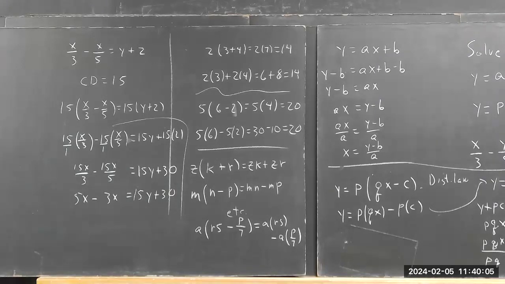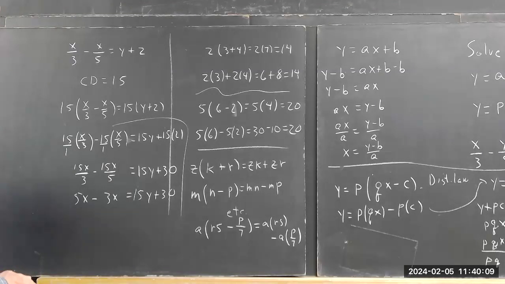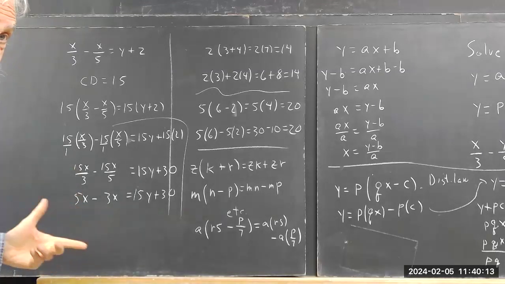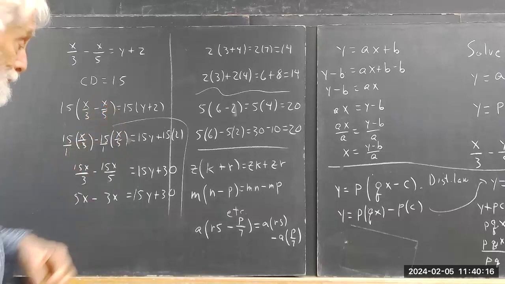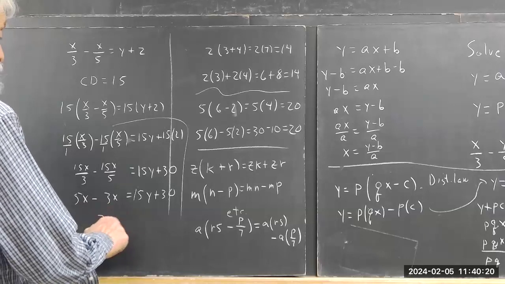Okay, so that was good. What's 5x minus 3x? It's 2x, right? You got 5 of them, you subtract 3 of them, you got 2 of them.